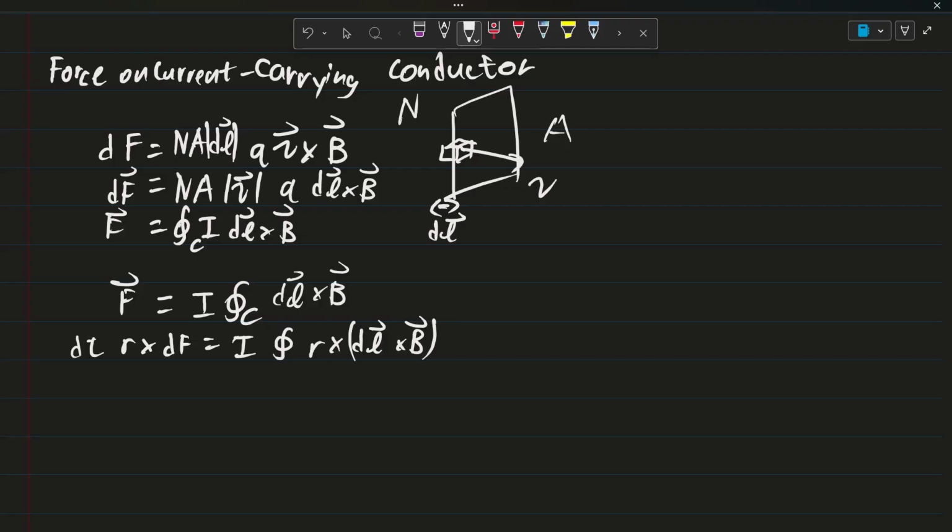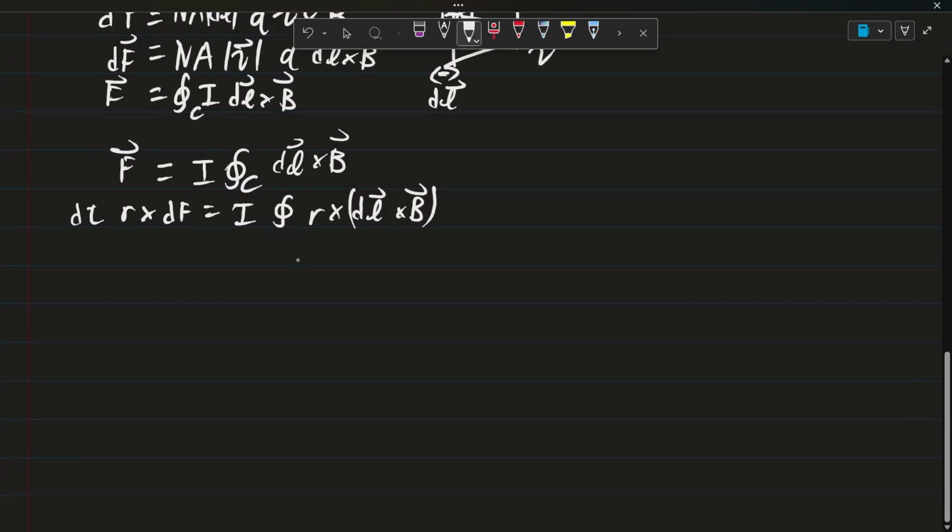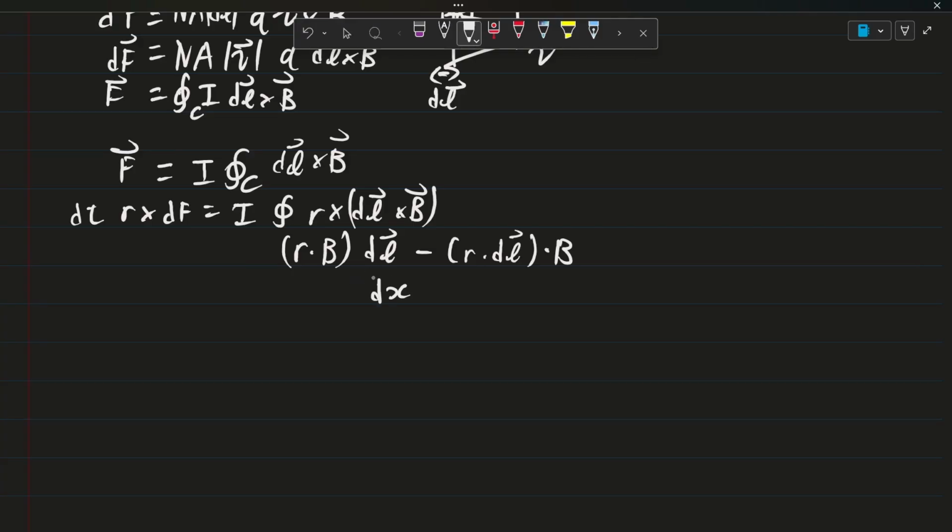And using some vector algebra, what you could get is this is similar to r dot B times dl vector minus r dot dl vector times B. So maybe we can try to consider one direction first and see what this evaluates to. So if we consider the x direction, this would be dx of x Bx plus y By and z Bz, like so.